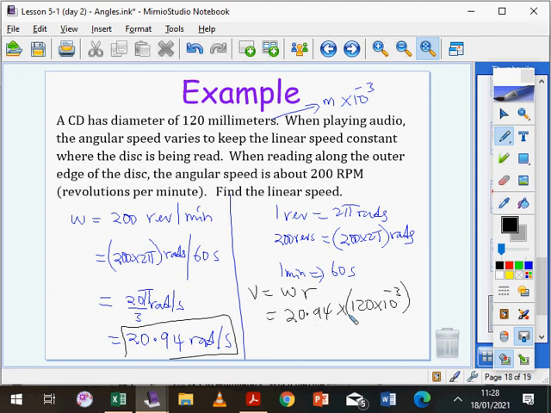So when I work this out, I have 20.94 times 120 divided by 1,000, which is 2.513 meters per second. So that's the linear speed of the CD.